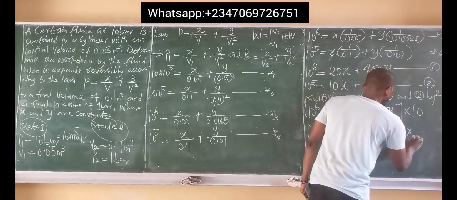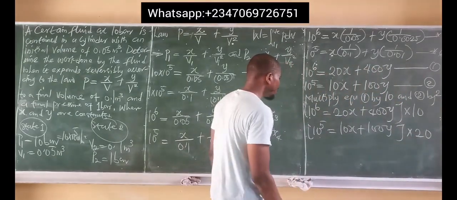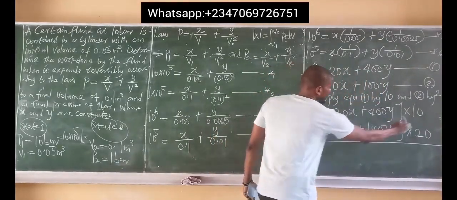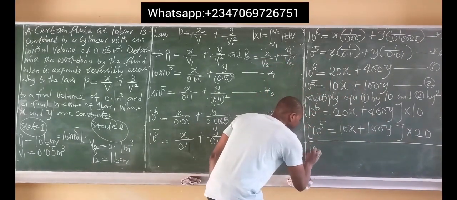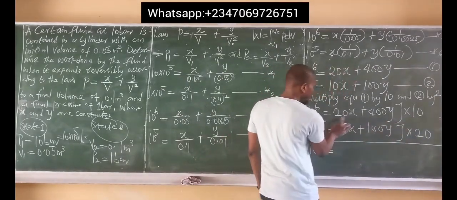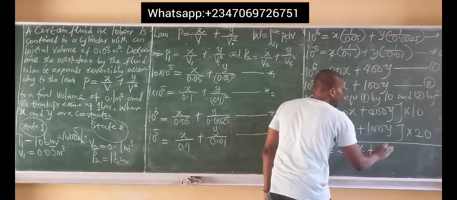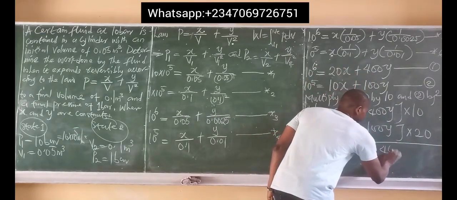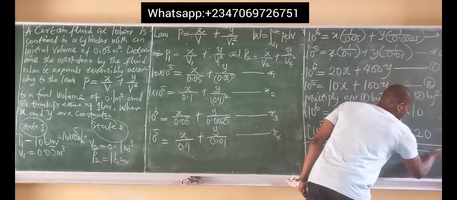So this is now times 20. If you carry out this multiplication, 10 times 10 to the power of 6 will obviously give us 10 to the power of 7. And this is equal to 10 times 20x, which gives us 200x, plus 10 times 400y, which gives us 4000y. So you can call this now equation 3.